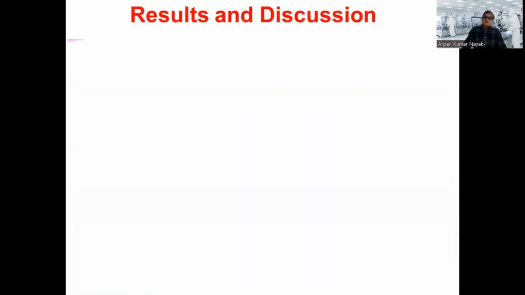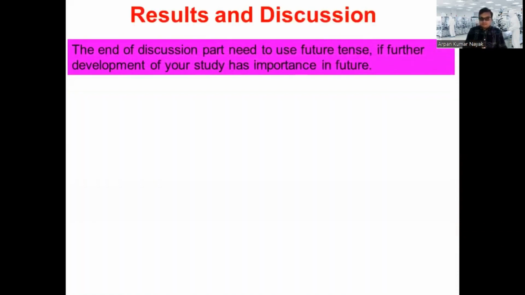So next, I discussed where you will use present tense and where you will use past tense in the results and discussion. In a similar way, you have to write down all the methods you used, or all the characterization instruments that were used, similar to the results and discussion.